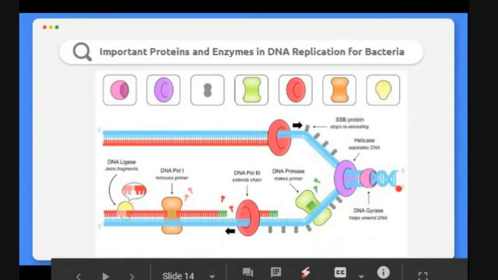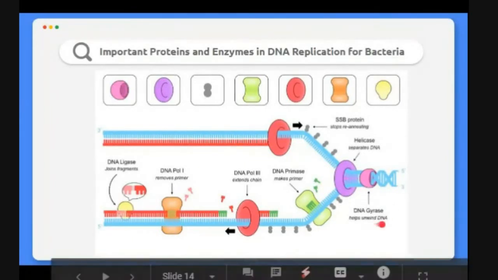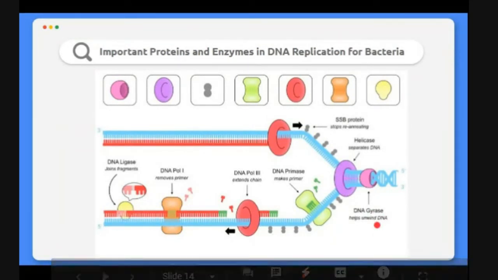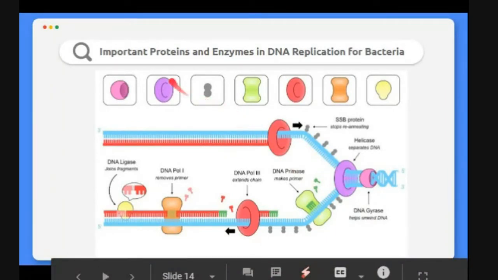So, 'di ba, DNA is a twisted ladder. So, for you to stretch your DNA, kailangan mo siyang i-untwist. Tapos, yung responsible doon ay yung DNA gyrase. And yung counterpart nito sa eukaryotes ay yung topoisomerase. Okay? Overview lang to. So, yung next main character natin is yung helicase.